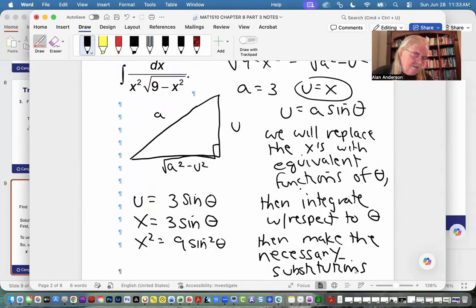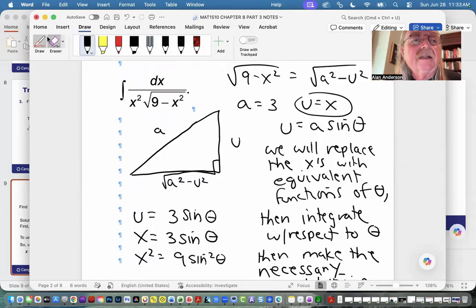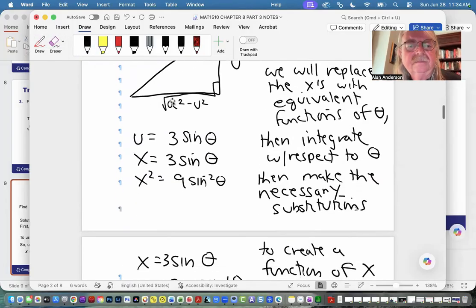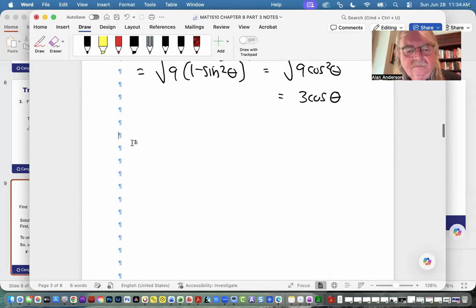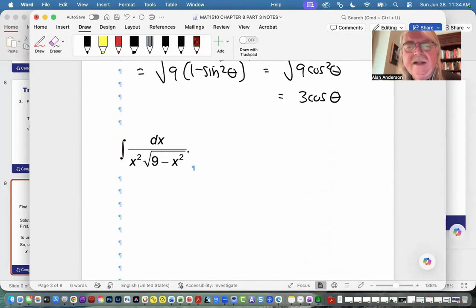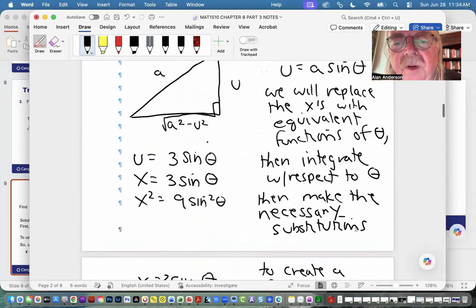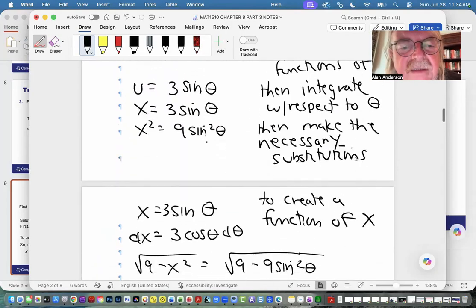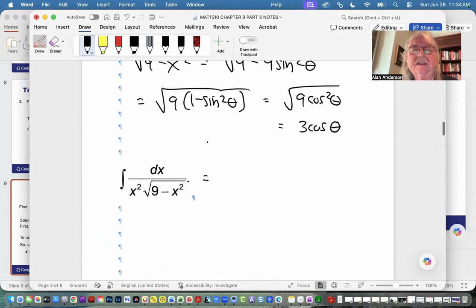Hold on one second. All right, so here we go. Let's go get this back. So we know, for example, that dx is, from way up here somewhere, 3 cosine theta d theta.